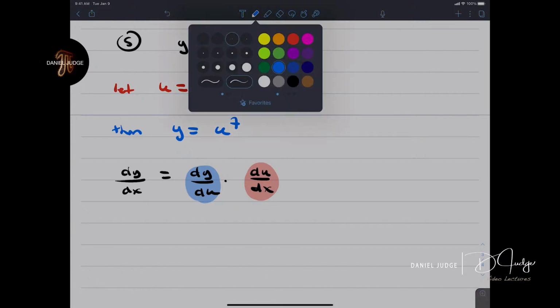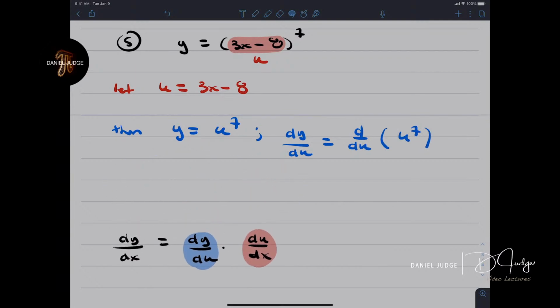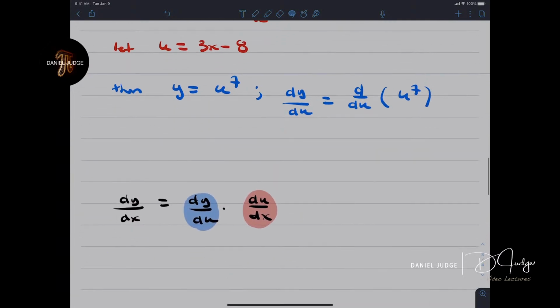Okay, first things first. dy du is the derivative of u to the 7th power. This becomes 7u to the 6th power.